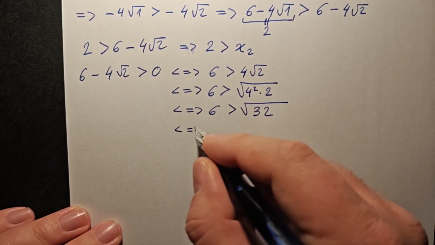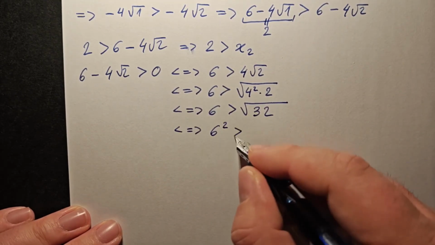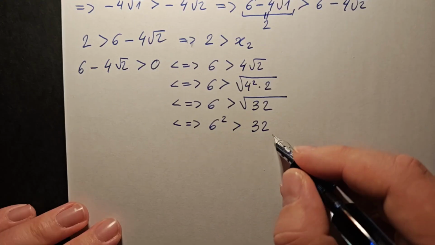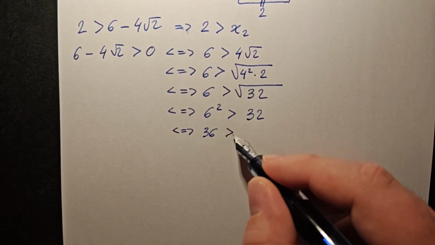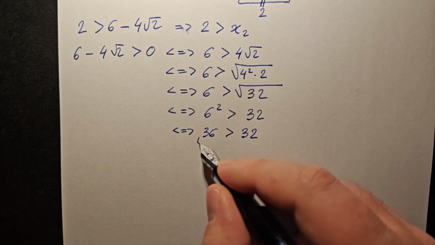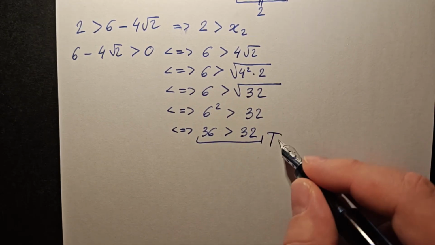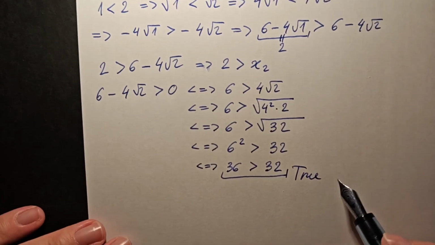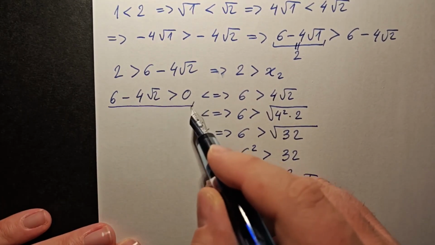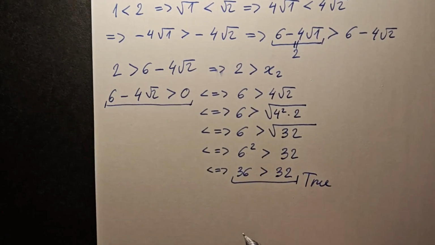And that is equivalent to 6 squared being larger than 32. 6 squared is 36, and that is larger than 32, so this statement is true. It has a true logical value, so the statement which is equivalent to it has to be true.